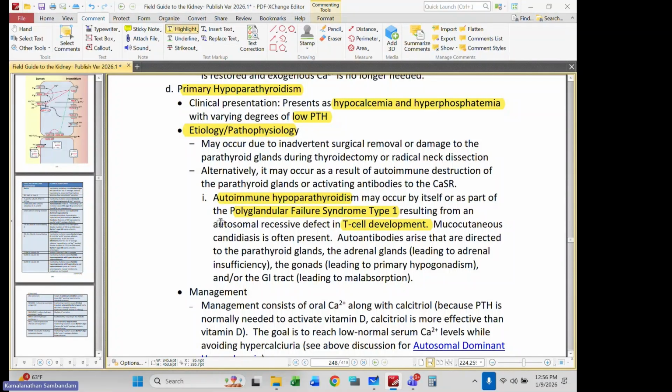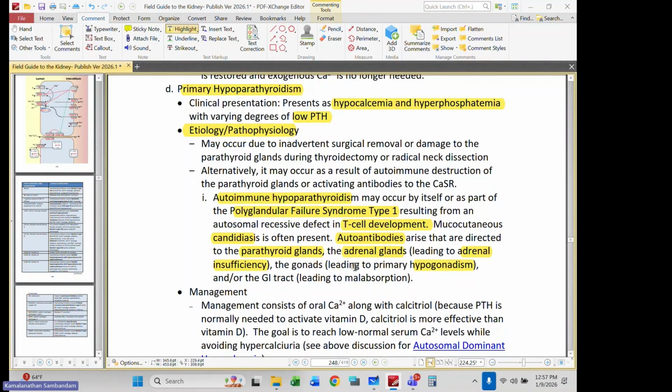These patients will sometimes present with candidal infections because of this defect in T cell immunity. They can now produce autoantibodies because T cells are regulating your B cells and plasma cells. And these autoantibodies can target parathyroid glands, resulting in the hypoparathyroidism, and adrenal glands, resulting in obviously primary adrenal insufficiency.